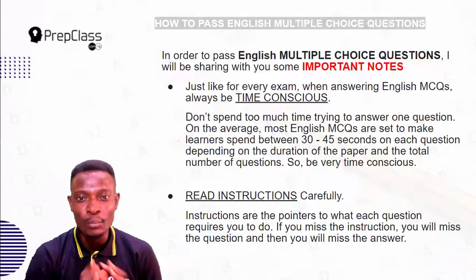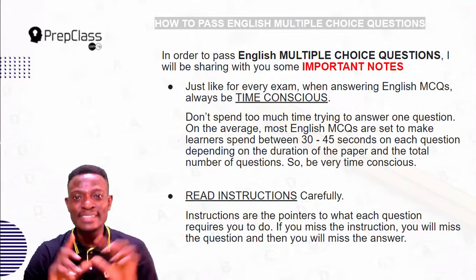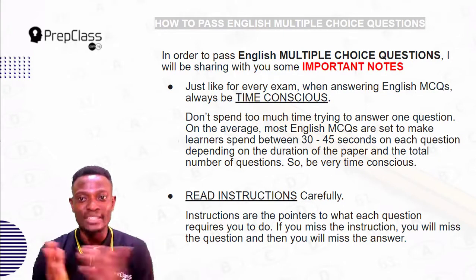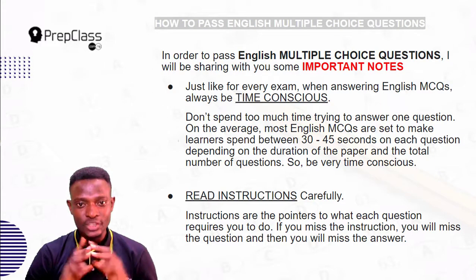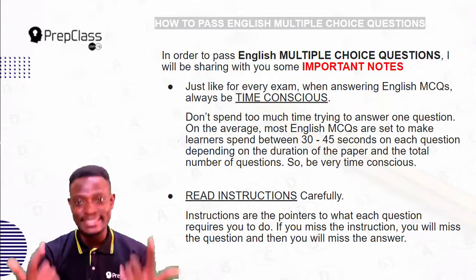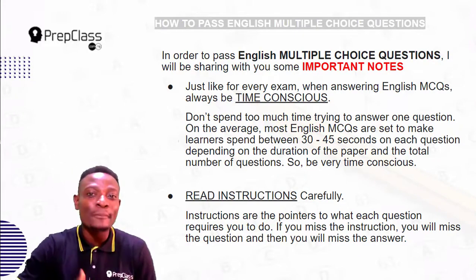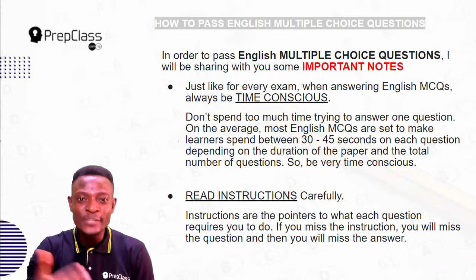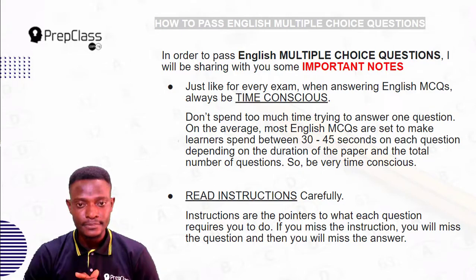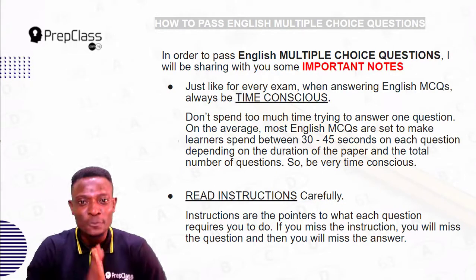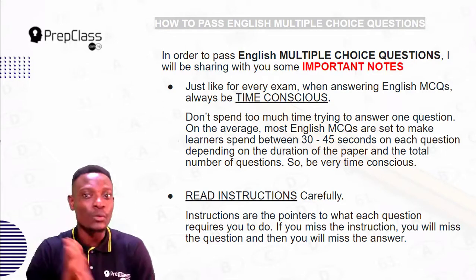Alright, let's move on. In order to pass English multiple choice questions, I will be sharing with you some important notes. Number one, just like for every exam, when answering English MCQs, always be time conscious. Don't spend too much time trying to answer one question.